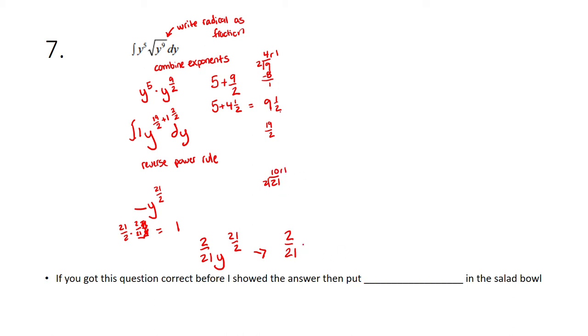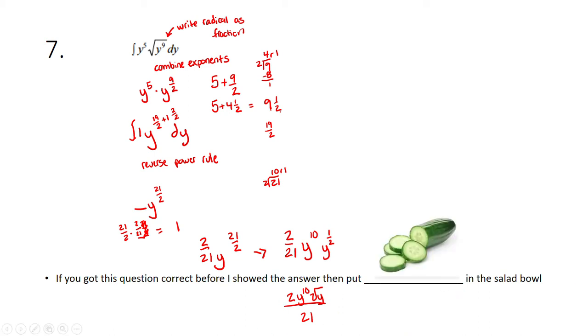So it's y to the 10 and 1/2, because it's still a remainder. Or we can convert it into a radical, saying 2 over 21 y to the 10th power times the square root of y. Either one of these answers I will take.